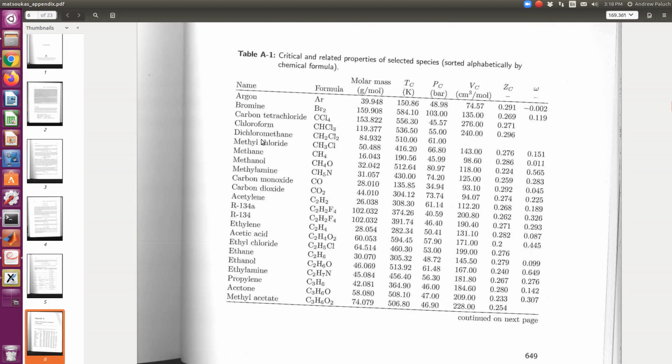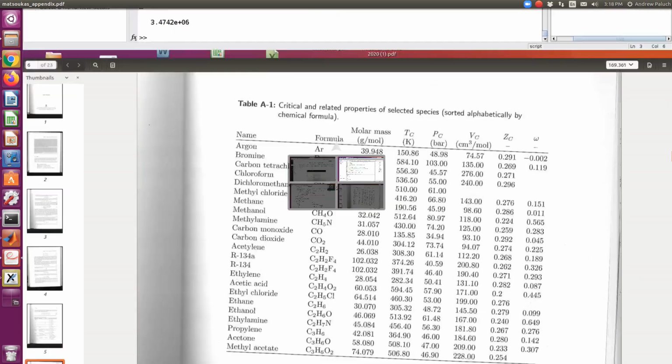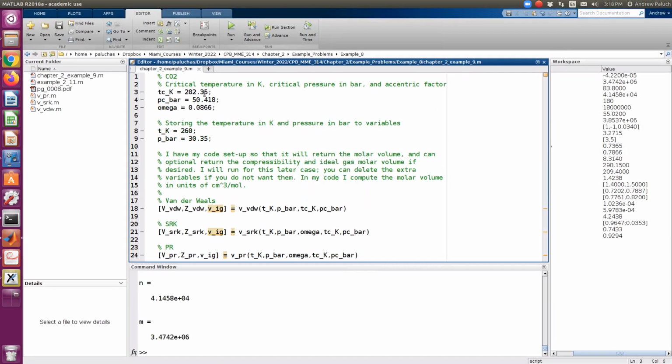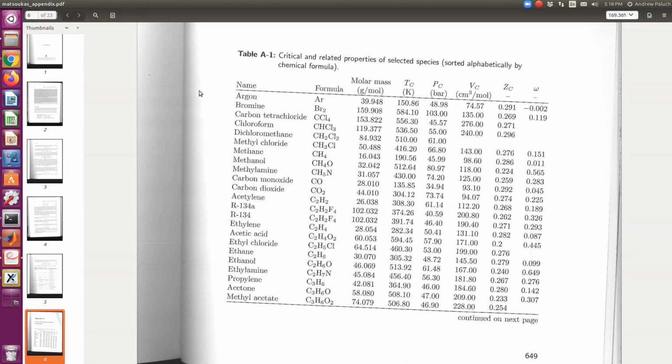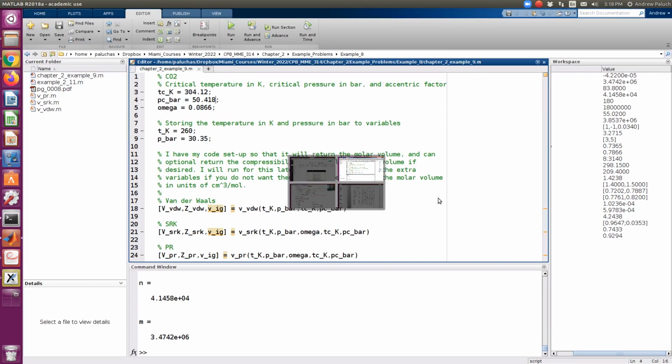So for carbon dioxide, here we go. TC is 304.12. Critical pressure, 73.74.